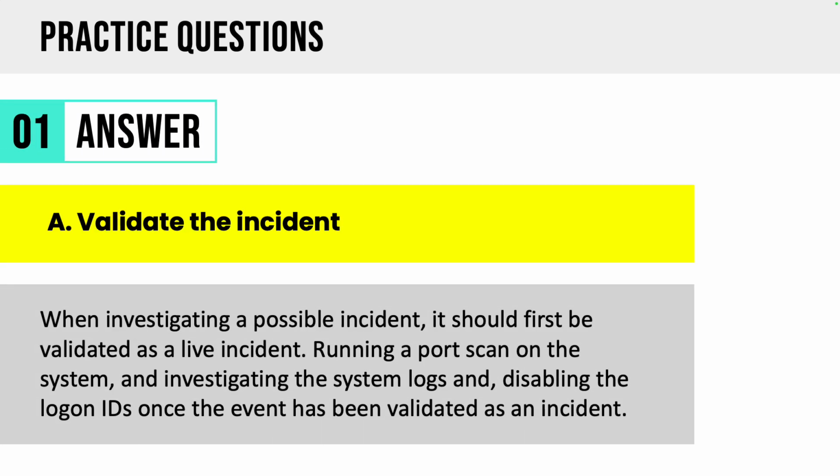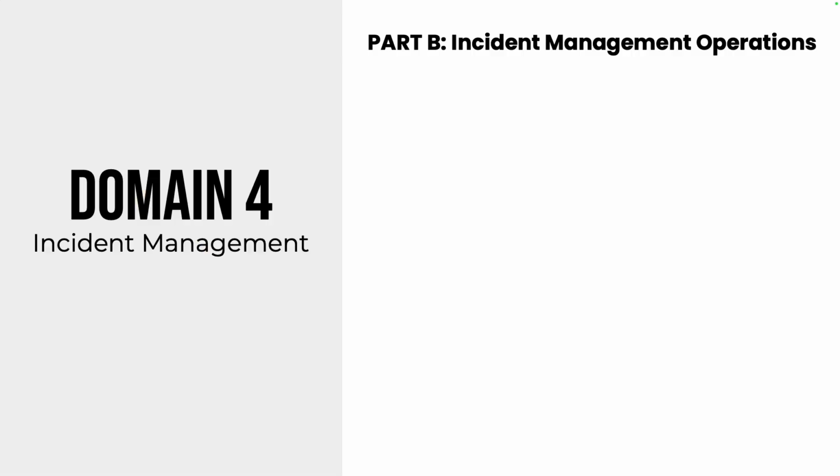So when investigating a possible incident, it should be validated as a live incident. Running a port scan on the system, investigating the logs, disabling the logon IDs once the event has been validated are all useful, but none of those are going to be the first thing we do. So point being, our first step is going to be to do the triage to make sure we have a live incident here.